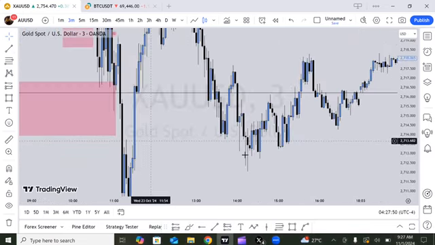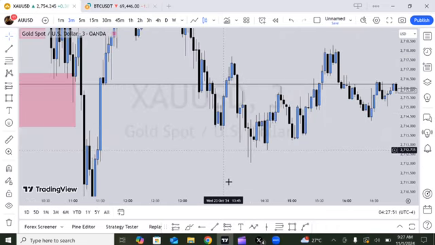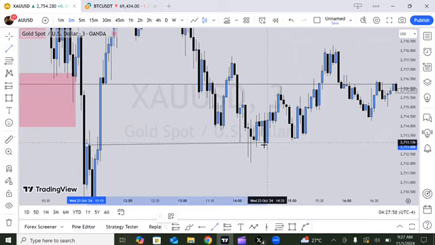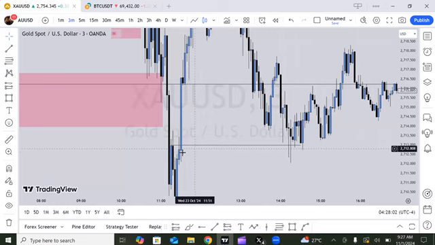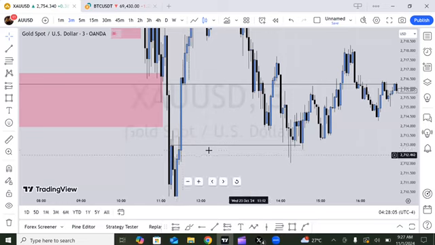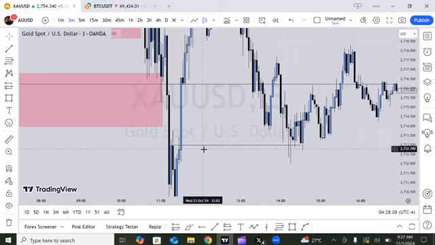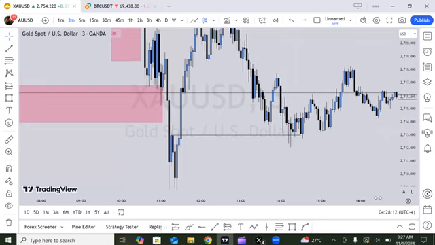Now, let's give this an example. Let's say we actually did get our SNR level at this particular point on the 1 minute, and then we actually did get our confirmation coming in, which is the 5 minutes coming up. Now, how do we actually scale into this particular trade?